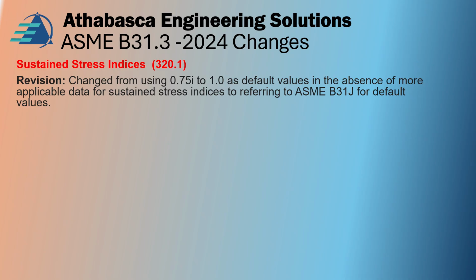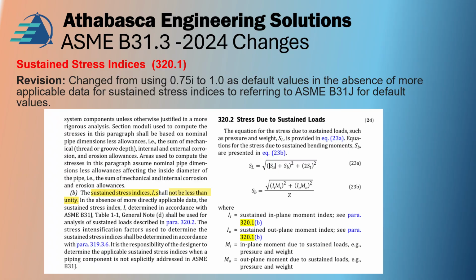And they refer to ASME B31.3 for default values. And that's shown here in I here. It says it shall be not less than unity. And so these are the indices for the equations for sustained loads. And so they made these changes to the rules.